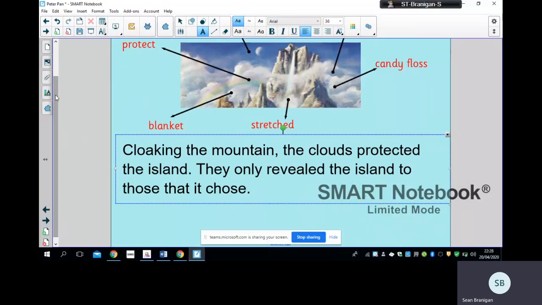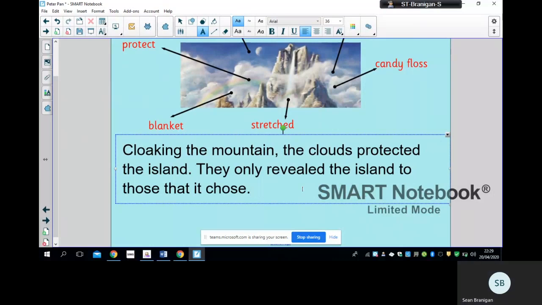They only revealed the island to those that it chose. So that's saying that the clouds protect the island, they cloak it, they hide it away, and they only move out of the way for people that they want to see the island. So anyone that may be a threat to it, the clouds obviously come back and cloak the island again.